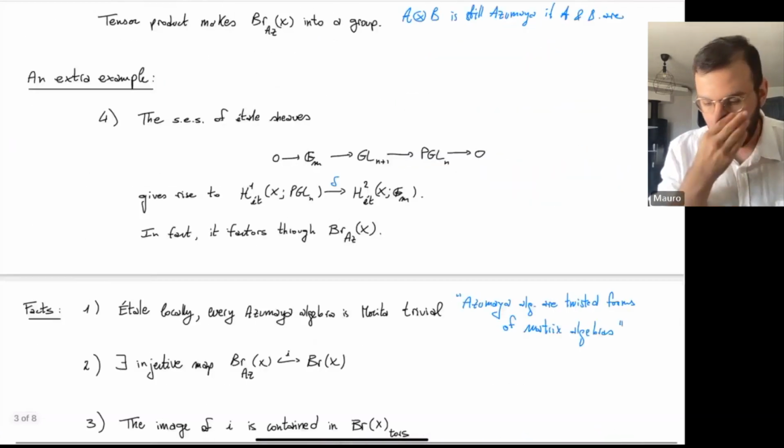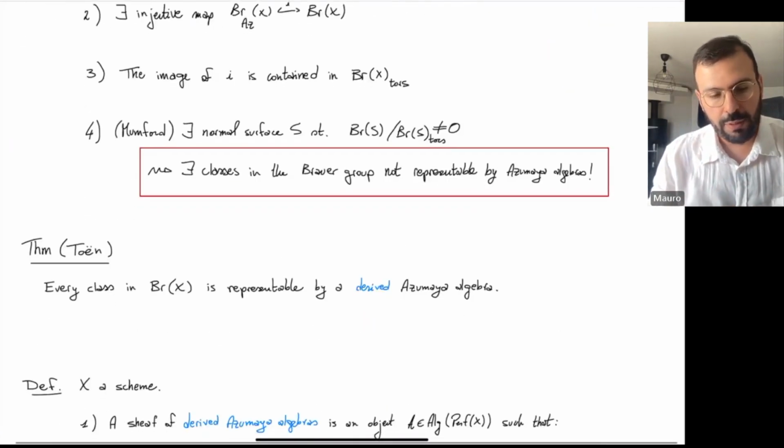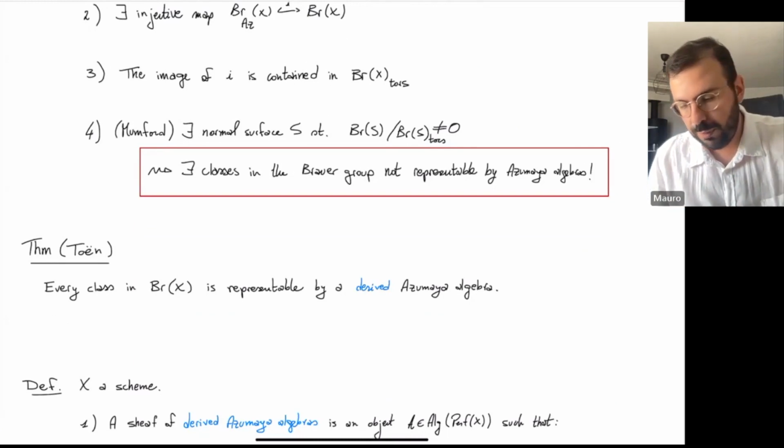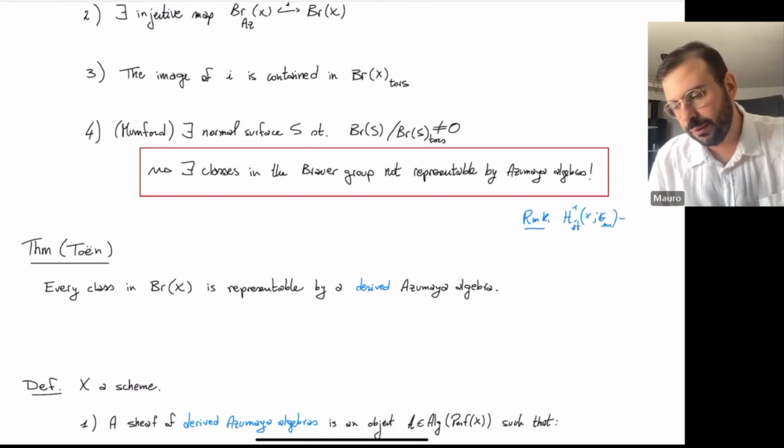And maybe let me make a remark about this point. Knowing that this works is great because we know how to manipulate line bundles.